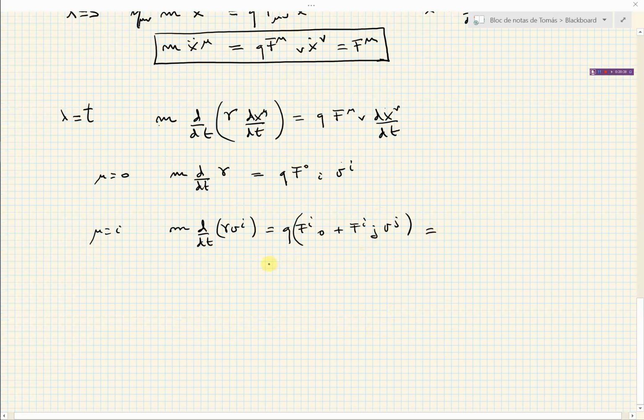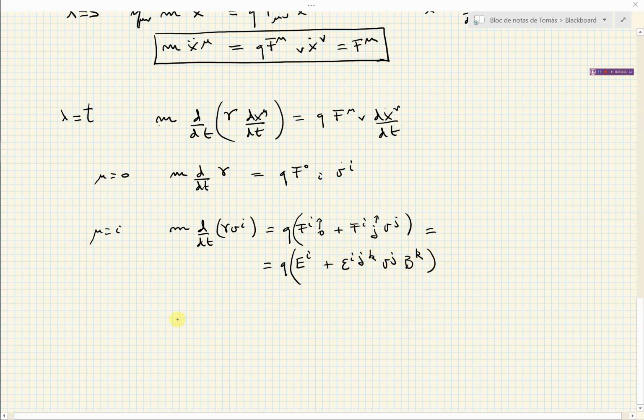So let's rewrite this in a more familiar way. We can raise this 0 up, and this gives just e i. And if we raise this index, this gives us a minus sign, and then this minus together with the minus that comes in the relation between f i j and b, we have a plus, and this is epsilon i j k v j b k. Okay, and this is the vector product.